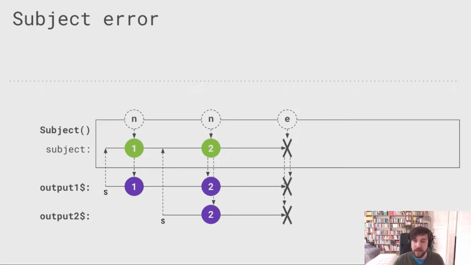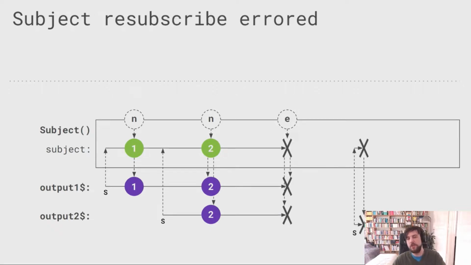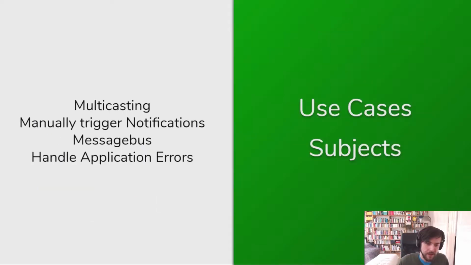With the error it is the same, and if you resubscribe to an already errored subject, you will again get re-emitted the error. So a subject is here to solve this multicasting problem, to separate those contracts, and you can do already pretty cool stuff with it. You can create message buses, notification systems, and so on and so forth. It could be driven by pretty much any code, any producer you like.